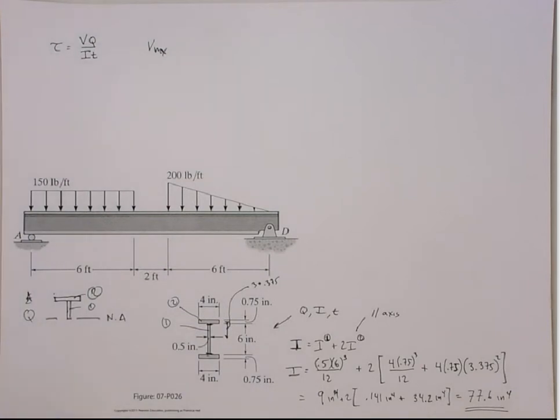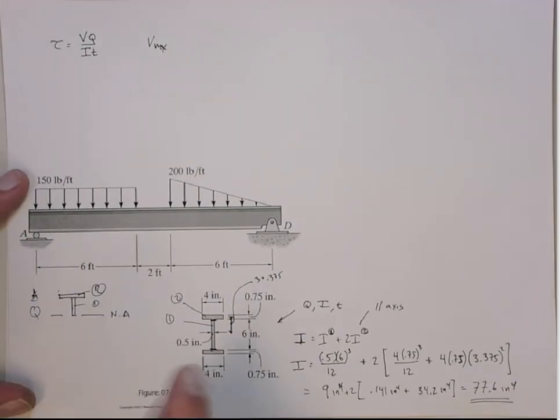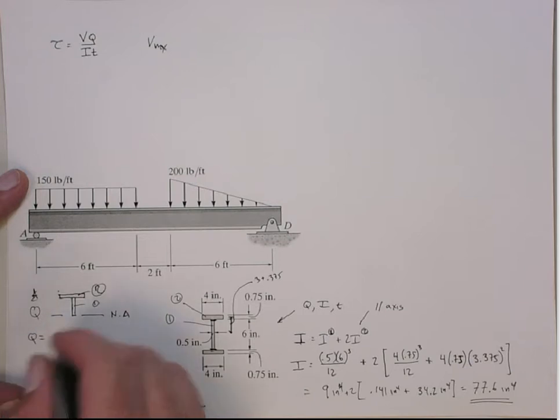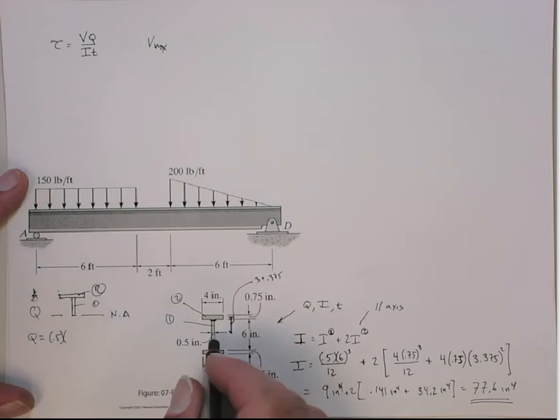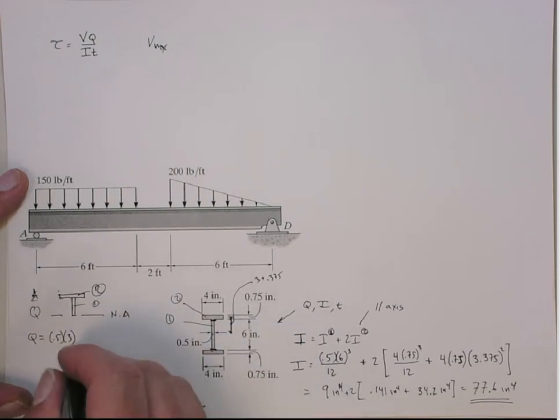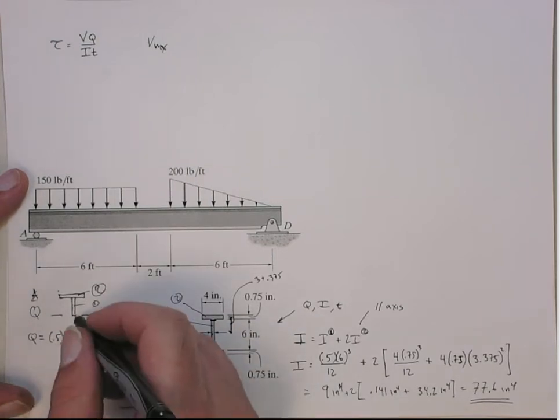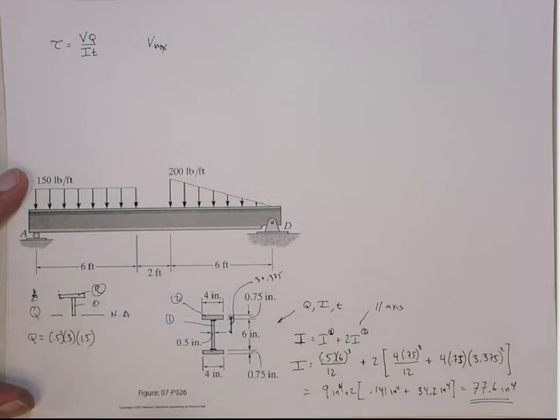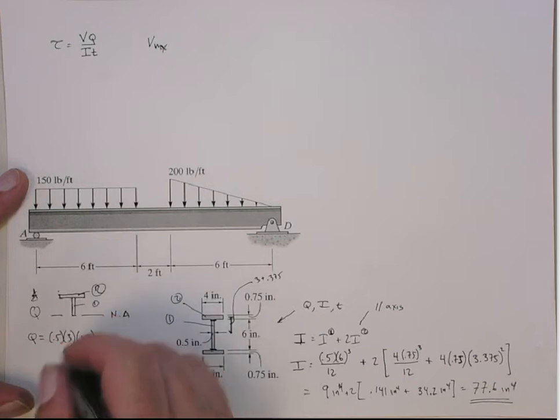We only have one flange in this case, so the Q for 1 is going to be its area, which is the base, 0.5, times the height, which is just half of that. That's 3 inches, okay, times the distance from the neutral axis to its centroid. That's half of this height, which is 1.5 inches, all right? That's the Q for section 1.